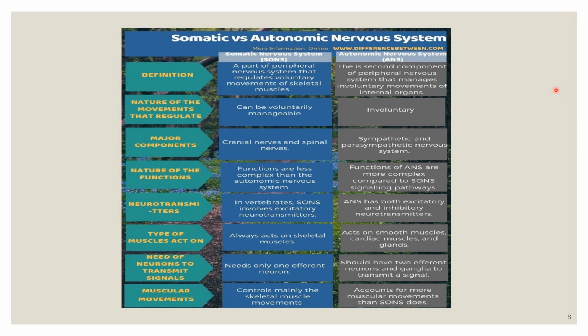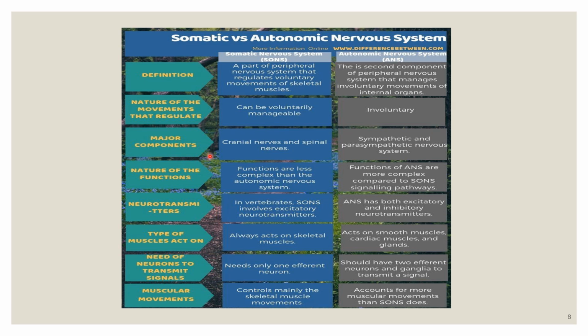Now the differences between somatic and autonomic nervous system. The somatic nervous system is a part of peripheral nervous system that regulates the voluntary movements of the skeletal muscles. Whereas ANS is the second component of the peripheral nervous system that manages involuntary movements of the internal organs. The movements regulated by the somatic nervous system can be voluntarily managed, whereas ANS is involuntary.